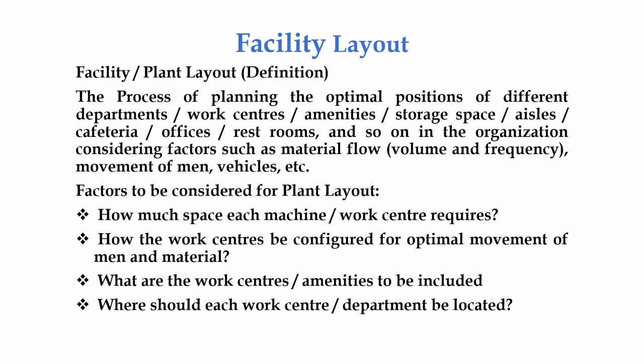So considering the sequence of operations and the proximity of a particular department to other departments, the material movement volume and frequency, how much material will be moved and how many times there will be movement of material or men between the facilities, accordingly we have to identify the space or location for each department within the organization.